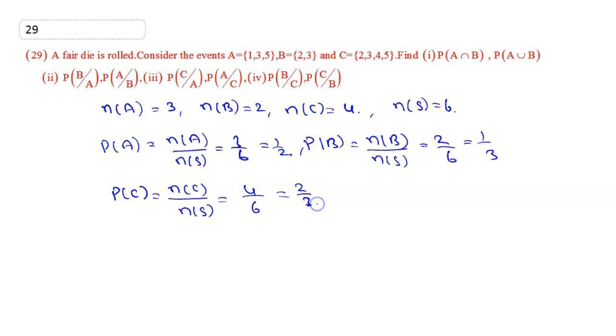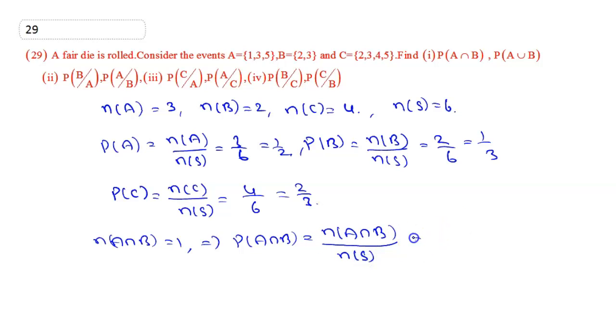2 by 3. Next here A intersection B. A intersection B in the sense 1. So N of A intersection B is 1, which implies P of A intersection B is equal to N of A intersection B by N of S, that is equal to 1 by 6, right?